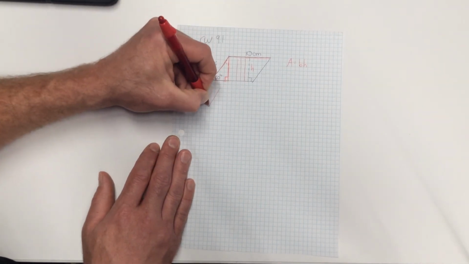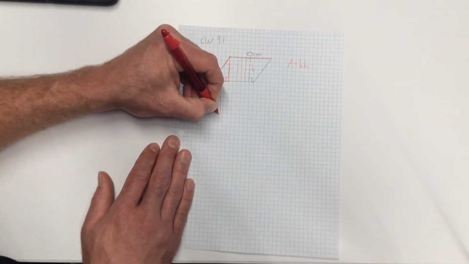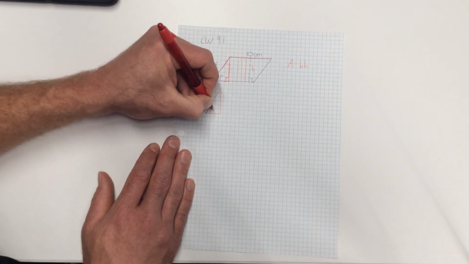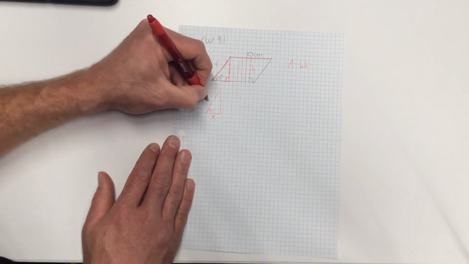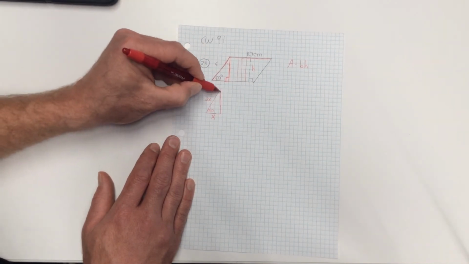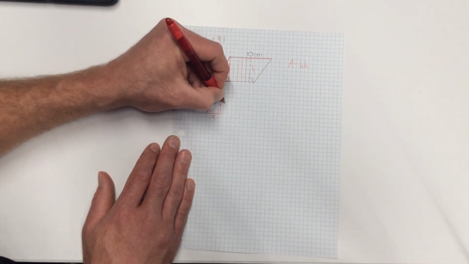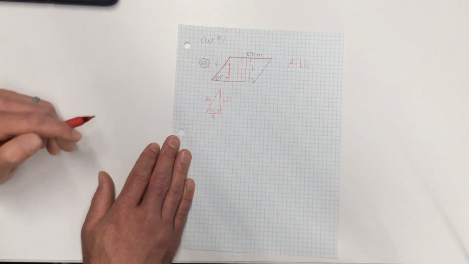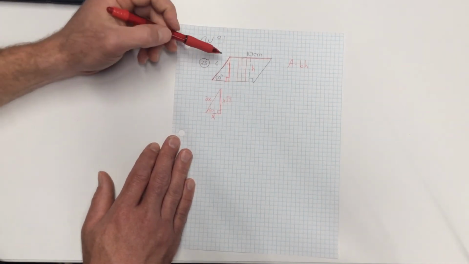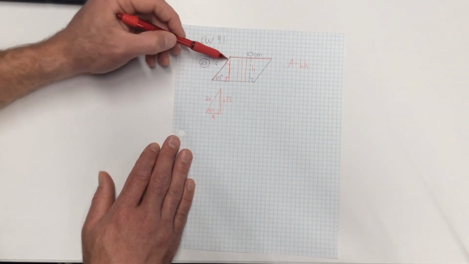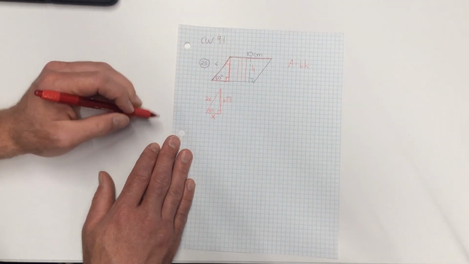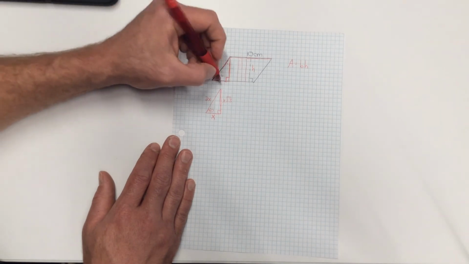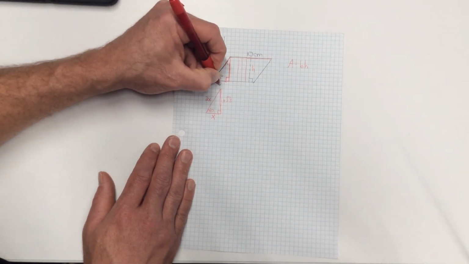If you remember your 30, 60, 90 triangles, we learned that the short side is x, the hypotenuse is twice as long, and then the longer leg is x root 3. All right? And so we can see what they've given me. This 6 represents the hypotenuse. So that means this little distance down here is half of that hypotenuse. So that means this distance down here must be half of 6 is just 3.